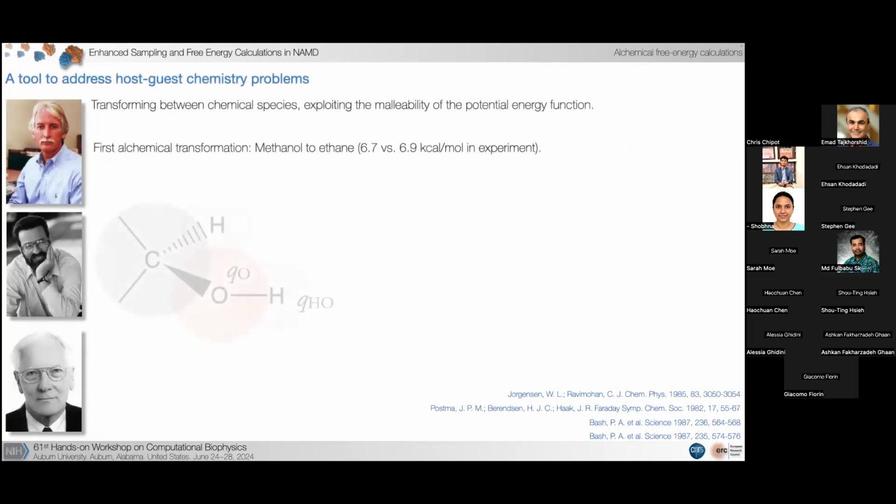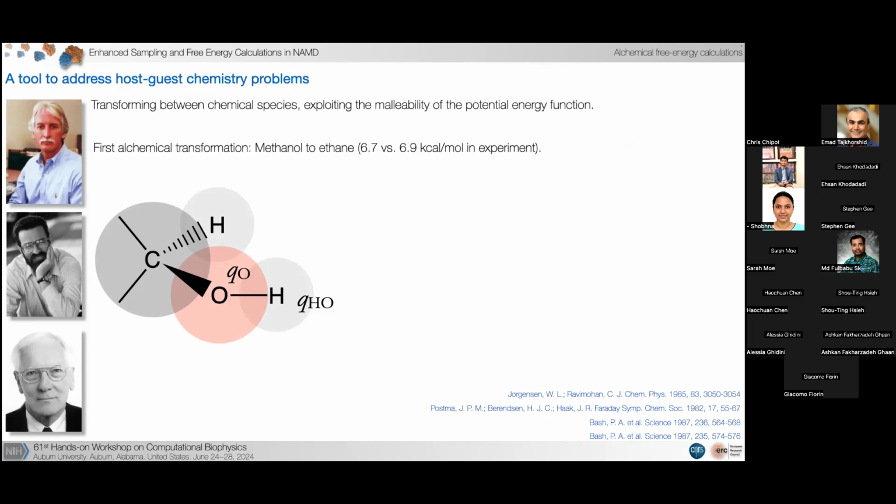Yes. In the previous system, would it also be important to consider that inside the membrane the dielectric constant is lower, so there's a possibility of change in the protonation state of the arginine? That's a very good point. In fact, we expect to have a pKa shift. I'll mention that briefly.